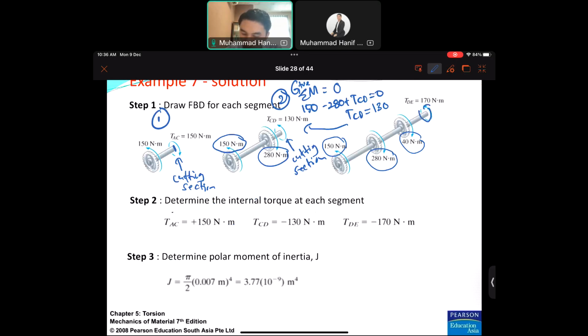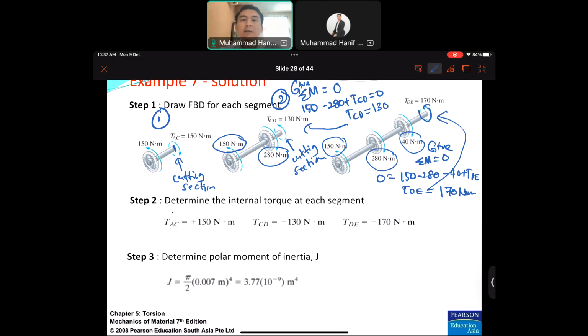And then again, using the equilibrium system to find TDE, which is the internal load, and defining anti-clockwise positive, you will have 150 minus 280 minus 40 plus TDE equal to 0. So TDE equals 170 Newton meter. So very straightforward, very simple, easy, right?